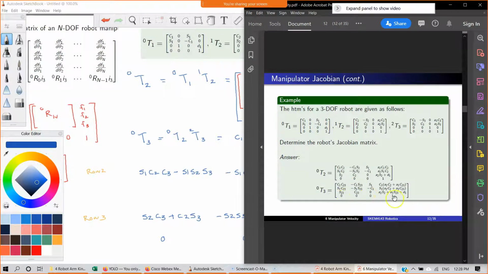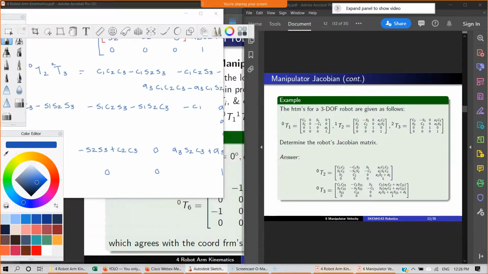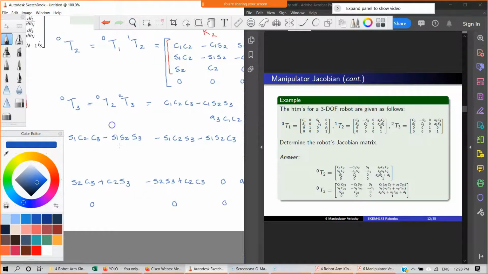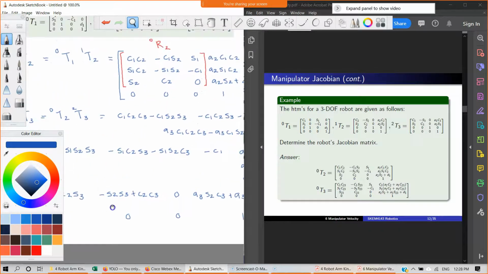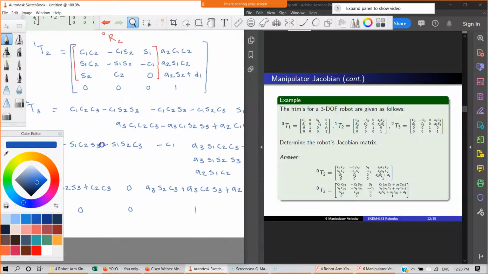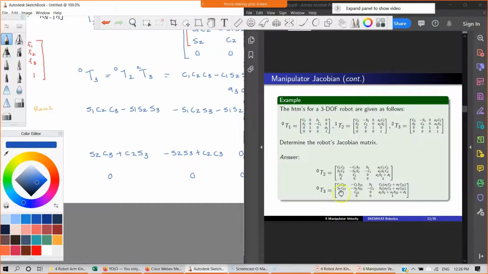So then how do we get this, right? How come this looks simpler? Look at the answer, right? So for example, the last row of course is 0, 0, 1, is correct, right? But look at this. So we got S2 C3 plus C2 S3. How come the answer here is S23? What is S23?